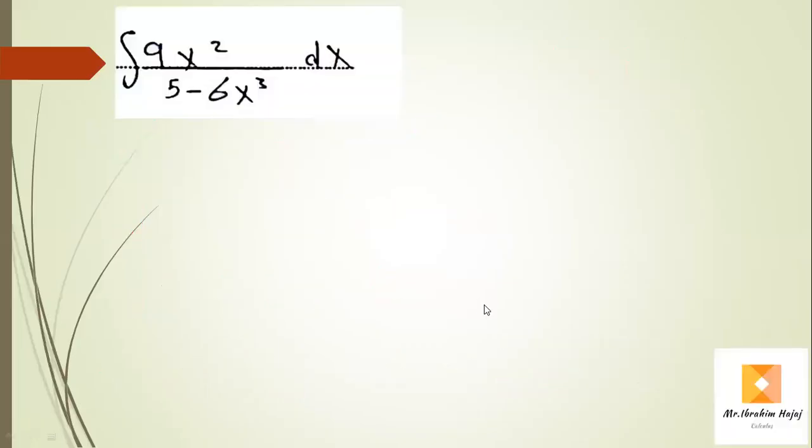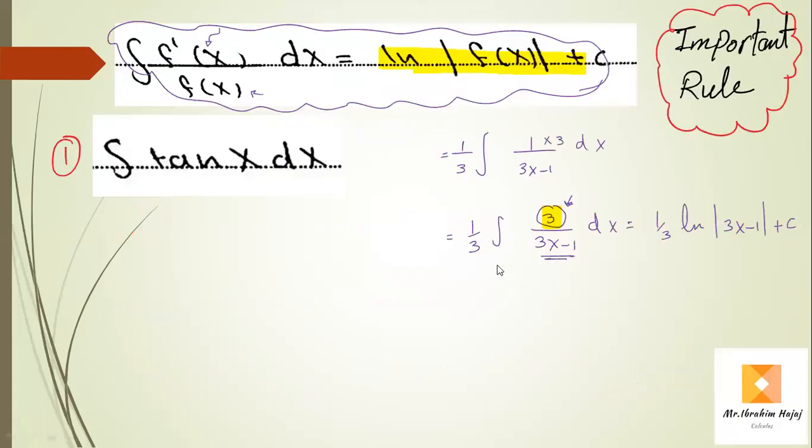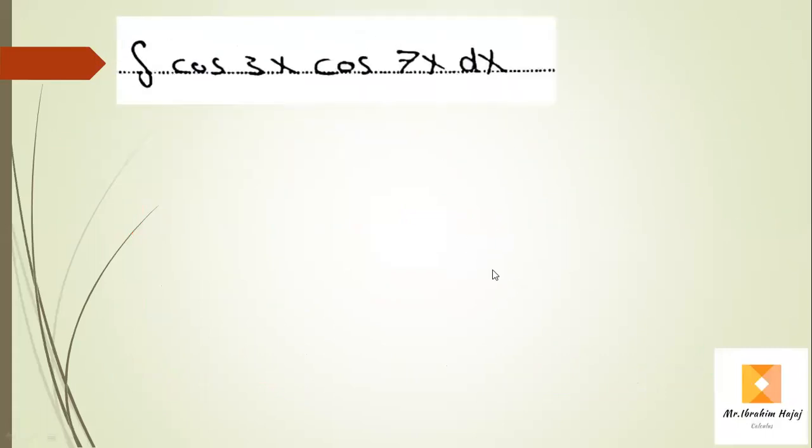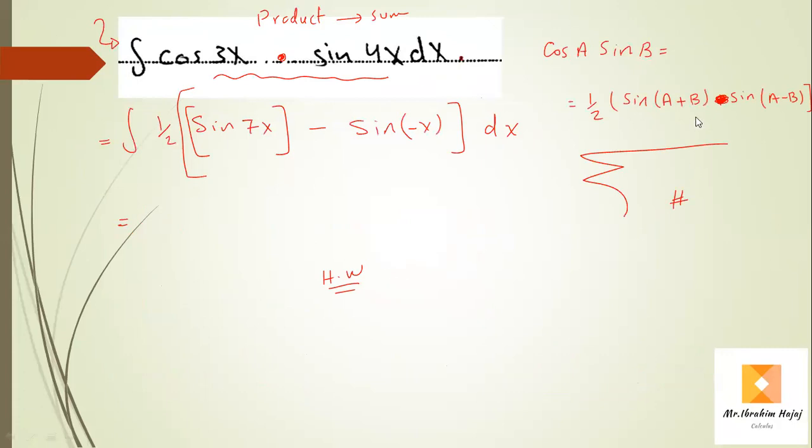Okay, let's move back to our question, the homework, the one that I said for you to complete. Since this question is a product, cosine 3x by sine 4x, we have to convert this product to a sum or difference.